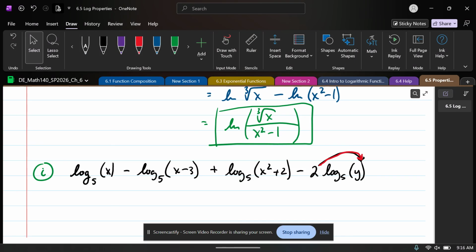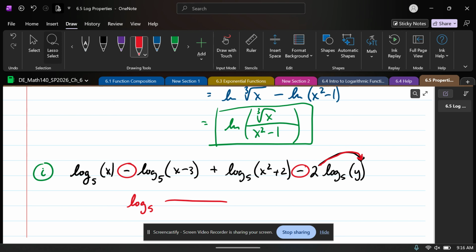So I see some pluses, I see some minuses. So what do I know about the things with a minus? It's going to be from division, and they're going to go where? So anything that has a minus sign should go to the denominator and multiply back together in there. So this is going to be log base 5, and I'm going to have a big fraction.